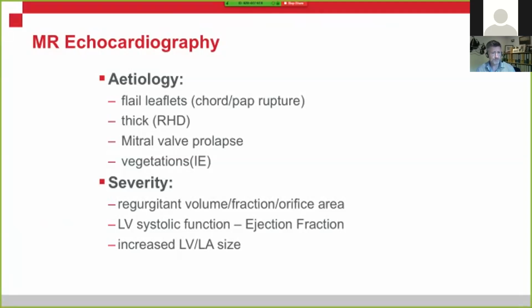Are there signs of mitral valve prolapse, or in acute situations, possibly even endocarditis? Echo is very useful in trying to quantify the severity of the mitral regurgitation, as well as, very importantly, looking at the LV to see if there's any signs of early systolic impairment or dilatation.